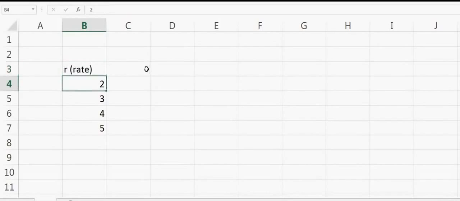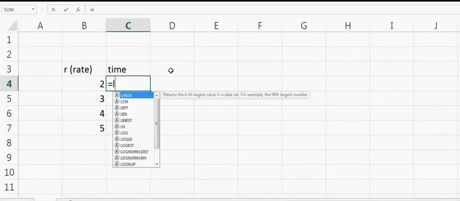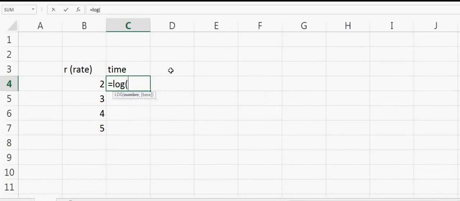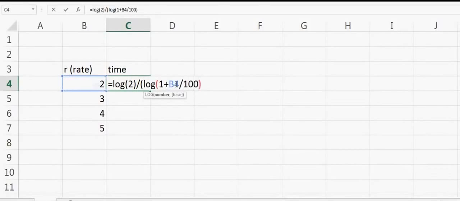Right, and then we have time. So time should be equal to, as we calculated before, log of 2 divided by log of 1 plus R divided by 100, because this is in percentage, right?